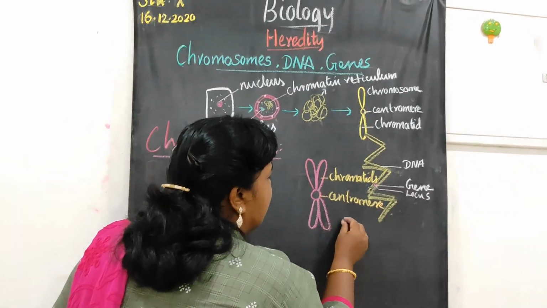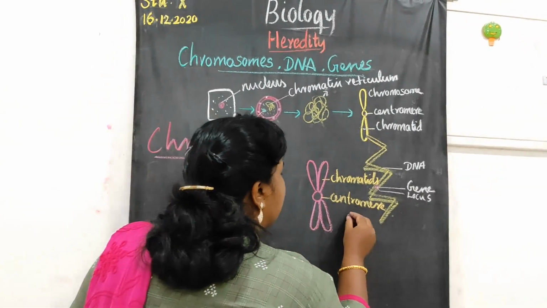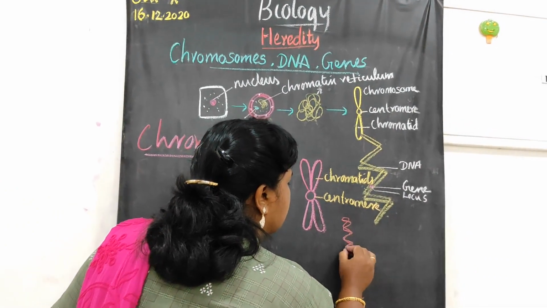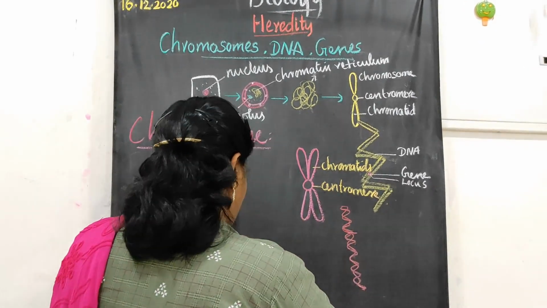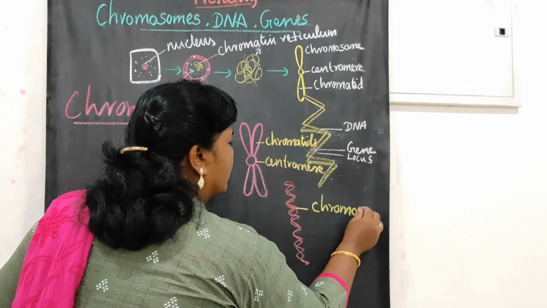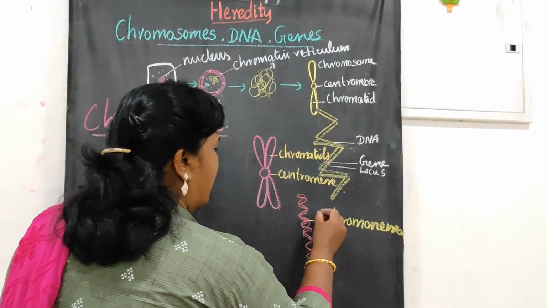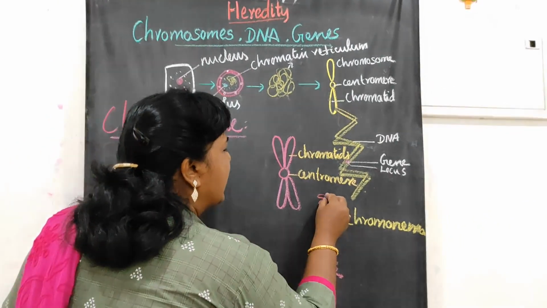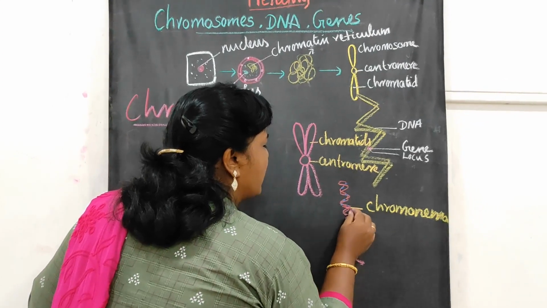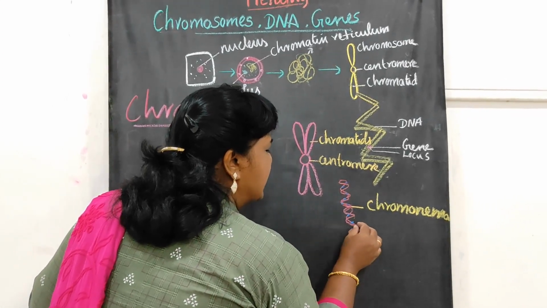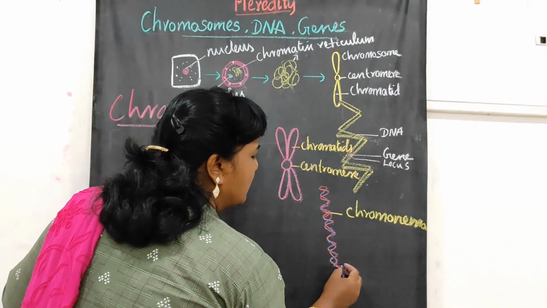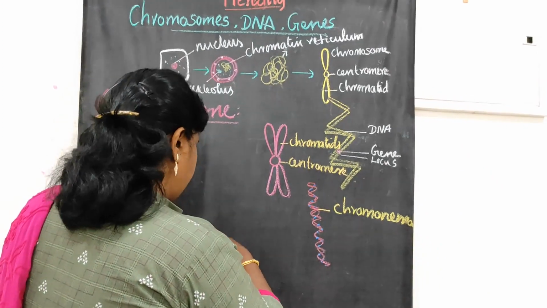Each chromatid is formed of a spirally coiled structure called chromonema. And this chromonema consists of bead-shaped structures called chromomeres.